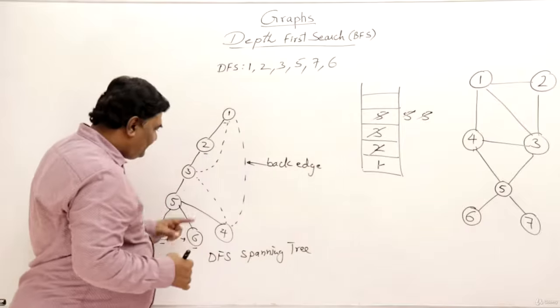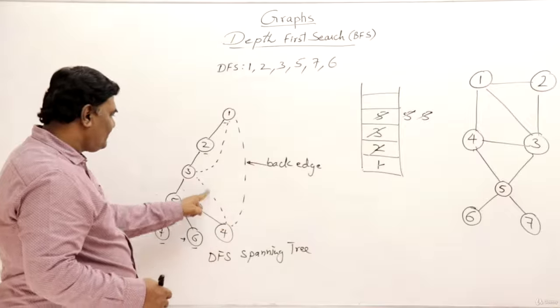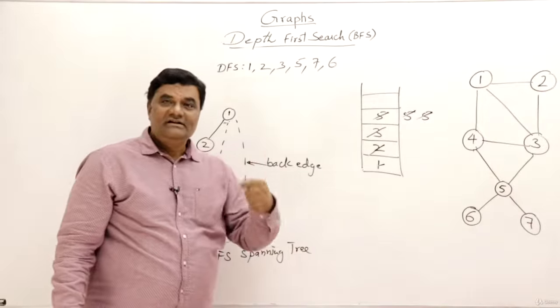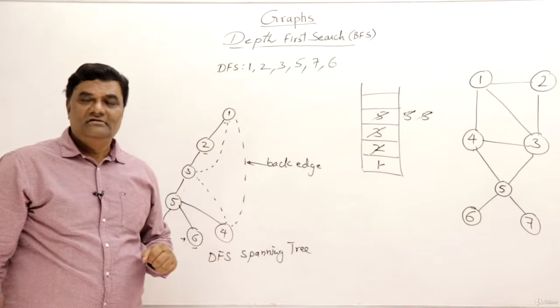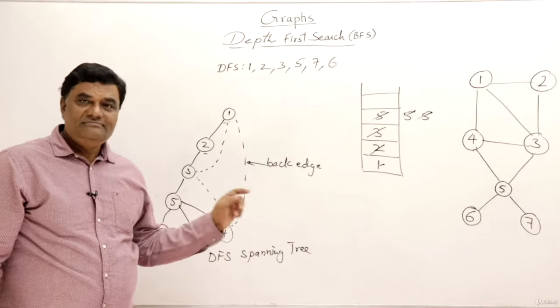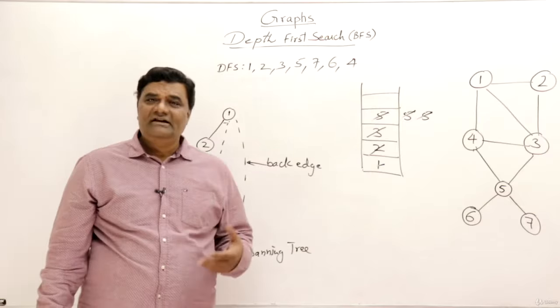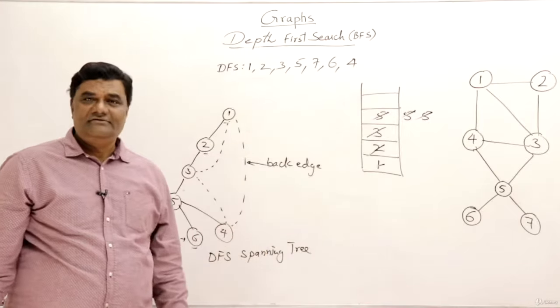If you remember, when I was on 4, I drew this edge, and from 3, I drew this edge. So these are back edges connecting back to the already visited vertices. This is one of the depth first searches. We can have various depth first search traversals for the same graph.